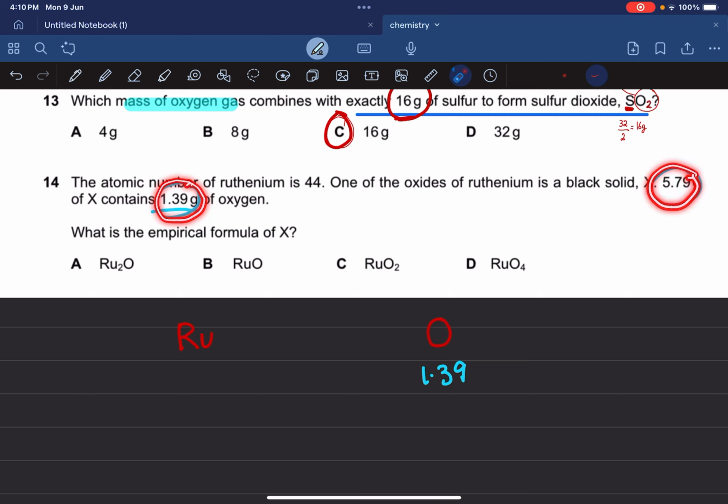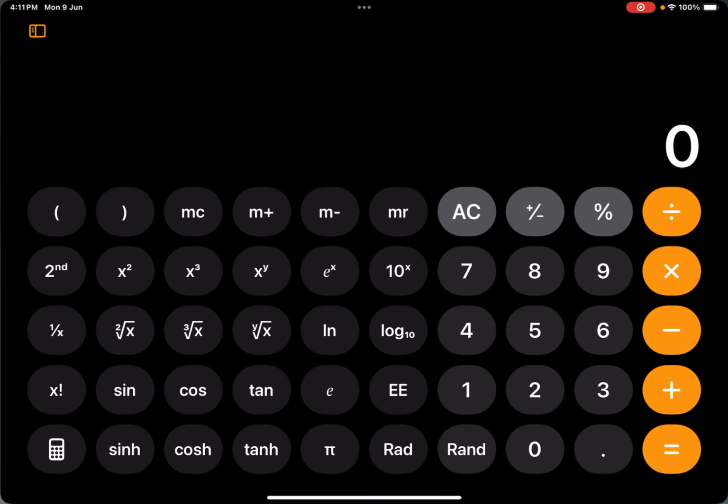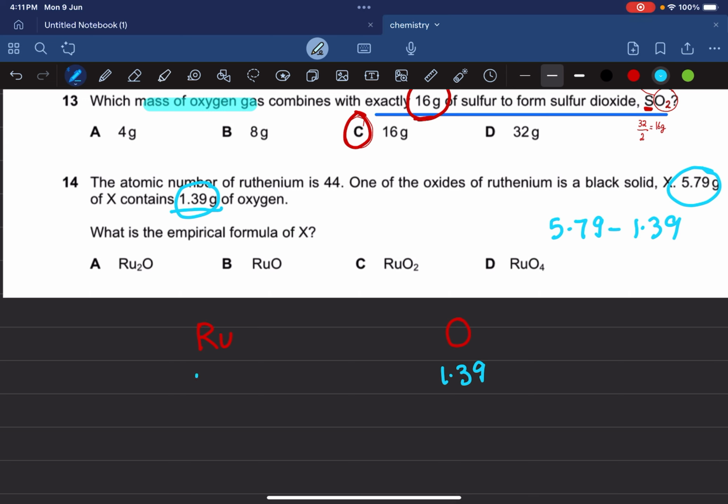So what is the mass of the ruthenium? Obviously it's going to be 5.79 minus 1.39, which is 4.4. So 4.4 is my mass of ruthenium.